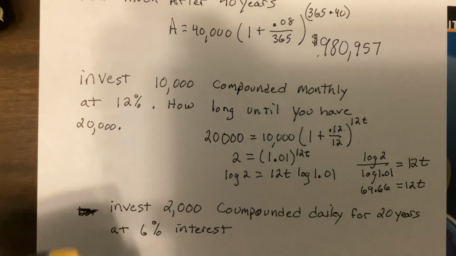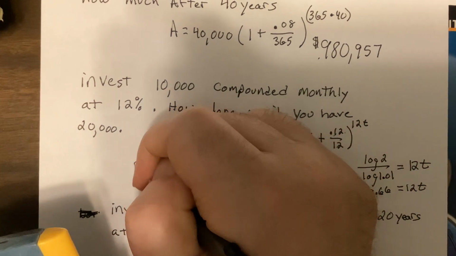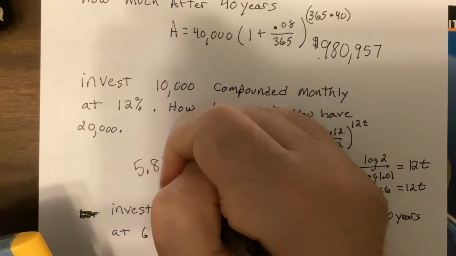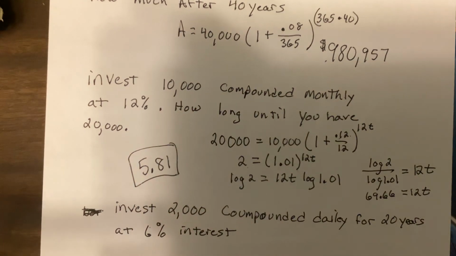And I get 5.8. So it'd take almost 6 years to get your money to double.